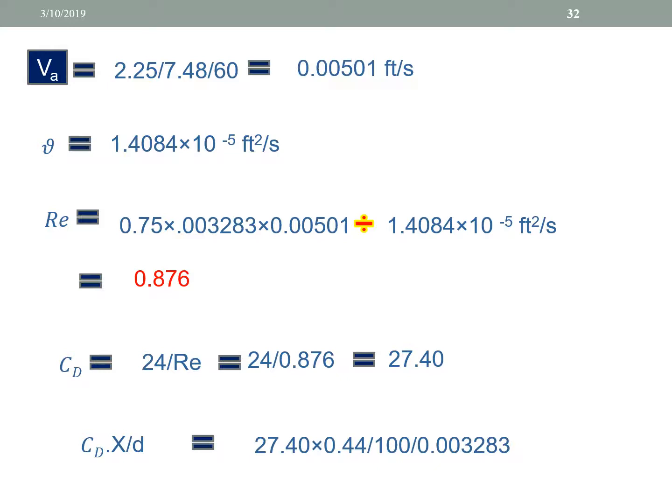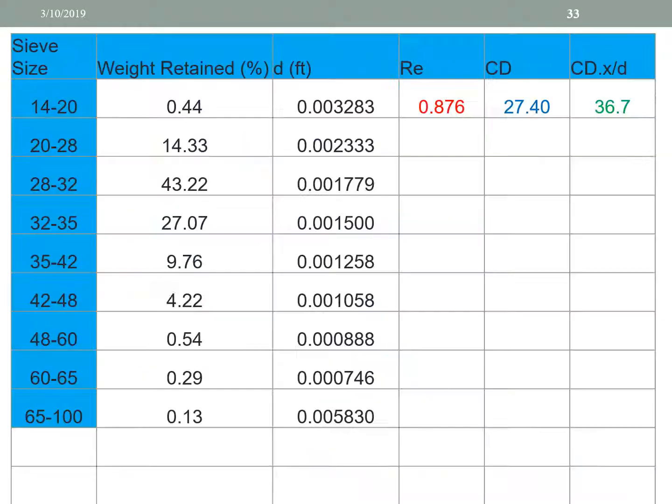Then divided by 0.003283, that is the average diameter which is given in the tables. If you calculate this one, it will be 36.7. So we calculated here three parameters. First is Reynolds number, 0.876. The next is CD, that is 27.4. The last is CD X over D, that is 36.7.